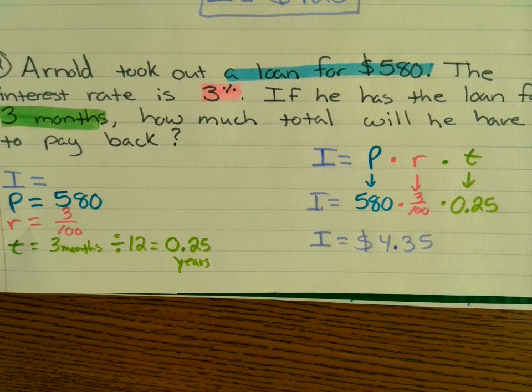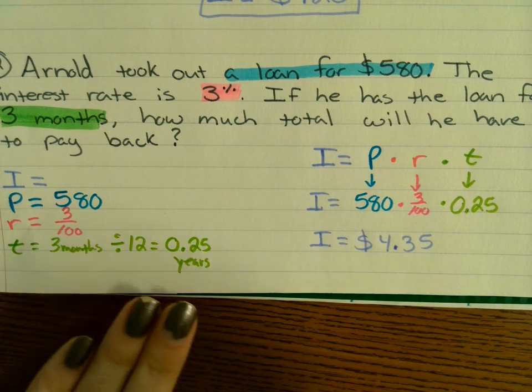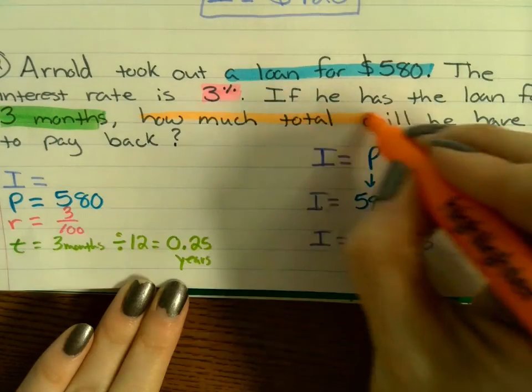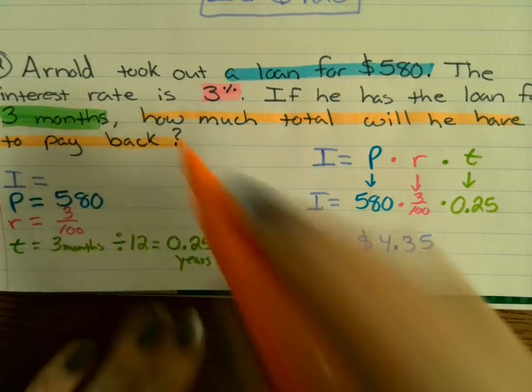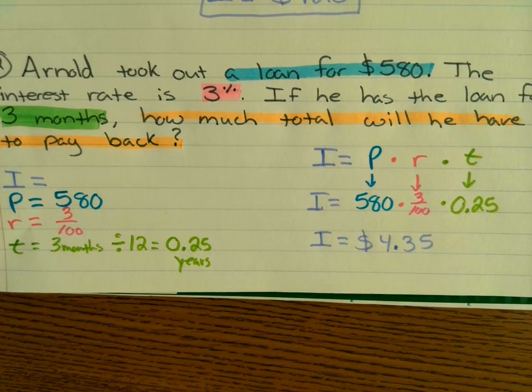Now the question asks, how much total will he have to pay back? So is he only paying back $4.35? No, you have to pay back the entire thing. You have to pay back what you borrowed and the interest.